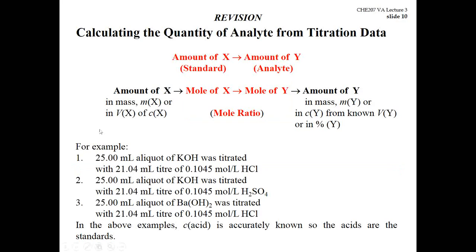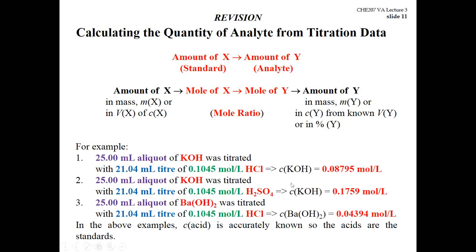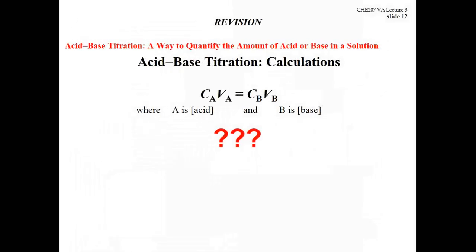I have a few examples here for you to do. If you get every answer correct, then you would be okay. Otherwise, please look at the next few slides to know how the calculation should be done.